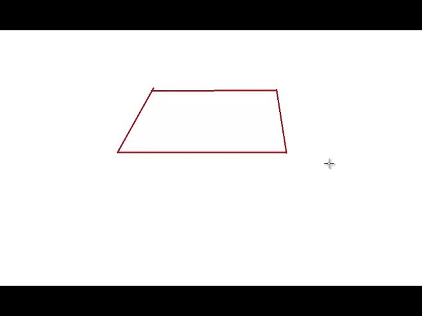All right, close enough. Anyway, a trapezoid is a quadrilateral that has only one pair of parallel sides.